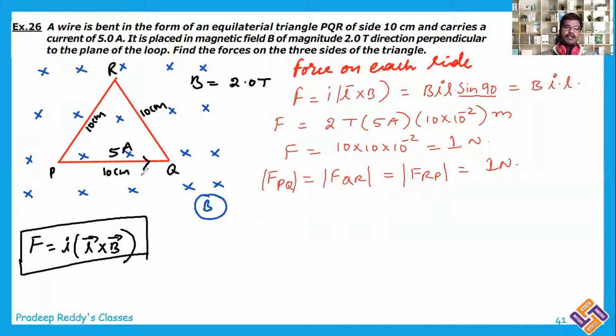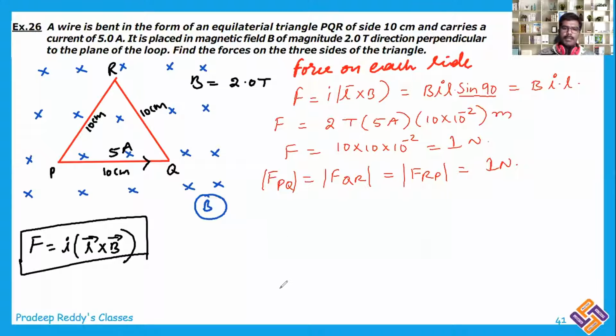But what about the direction of that force? You need to calculate the direction of that force. In order to find the direction, we will use the left hand rule. Magnetic field is into the plane, this is force F, and this is current. In the segment PQ, current is from P to Q, magnetic field is inside, and this is force.